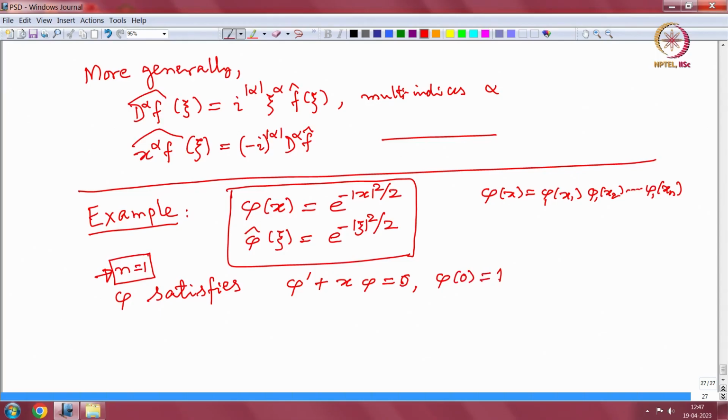And now you take the Fourier transform of this and use the property just written here. What happens if you take the derivative of the Fourier transform? You also see that it satisfies the same equation. So, let me again just write that.